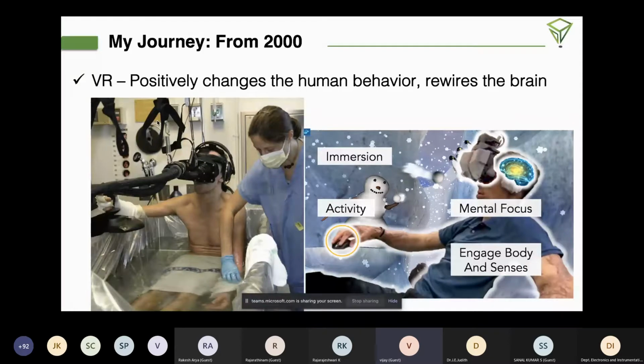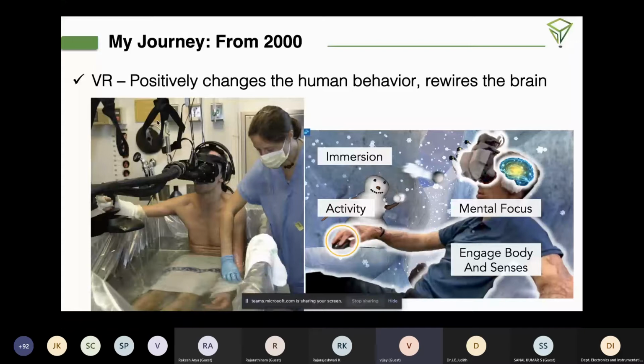So instead of giving opiates or steroids during the dressing of a burn injury patient, he was actually watching VR. If you look at the picture on the left side, that's what he was doing. And without giving steroids, we could do the dressing. He didn't feel the pain.